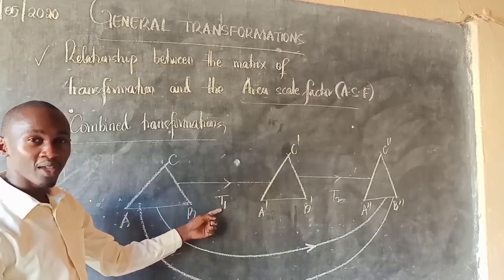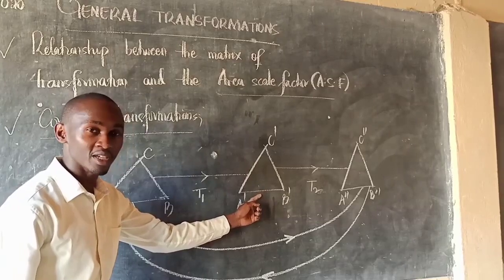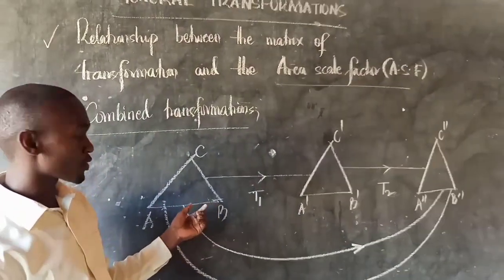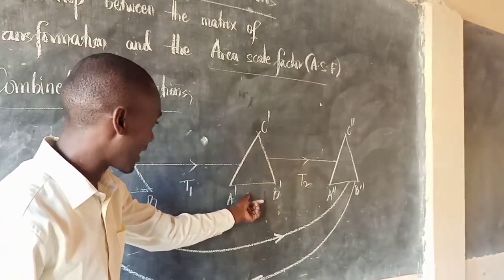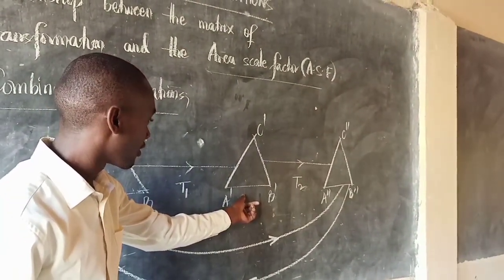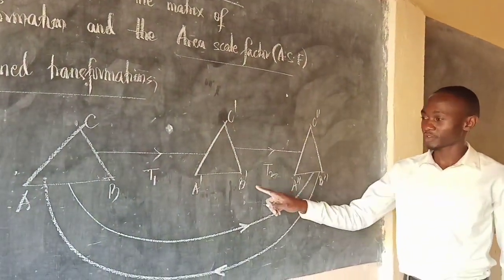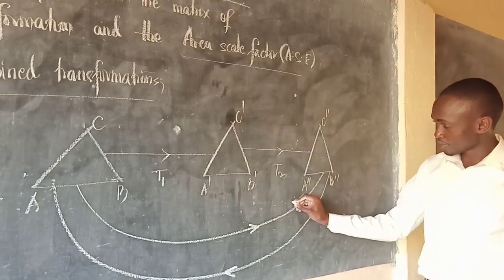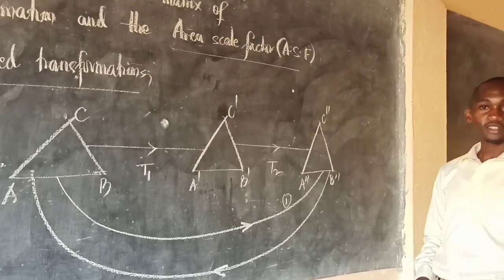Matrix T1 maps the object onto the first image, followed by T2 that maps us from the first image to the second image. That describes the first arrow.